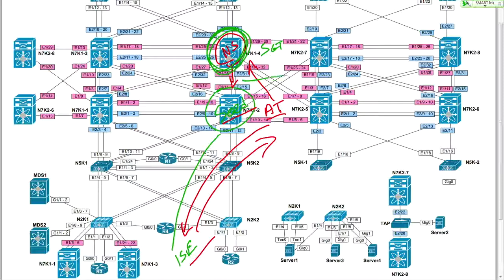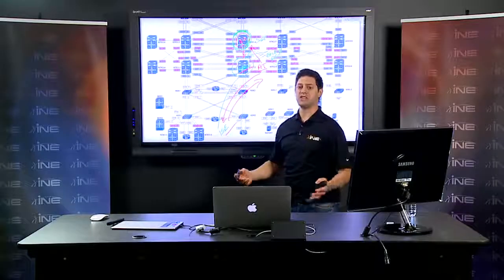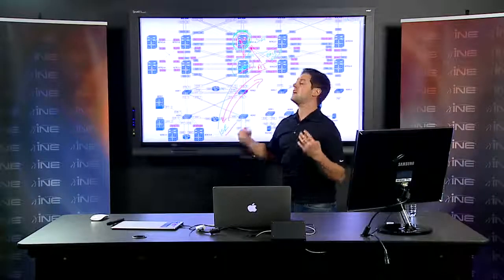We will set up MACsec on this link, so we'll actually take a look at the AES encryption here, and also the ability: can we do MACsec without security group access, without SGTs, without the ISE server? Yes, we can.